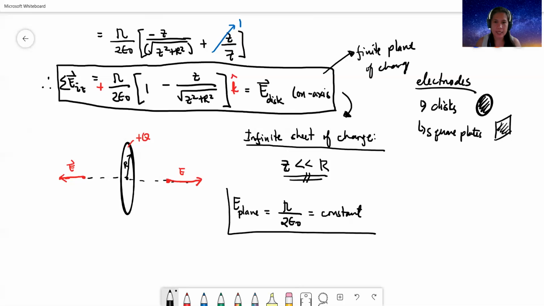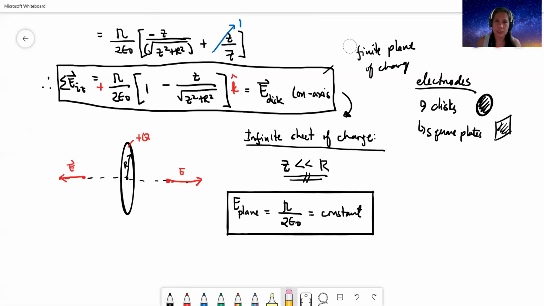So meaning class, for a finite plane of charge, ito pala siya dito. So for a finite plane of charge, this will still be true, but we will evaluate it as this one. Kasi pwede lang itong applicable sa finite charge kung ang Z nga is masyadong maliit kumpara sa actual size ng sheet of charge.